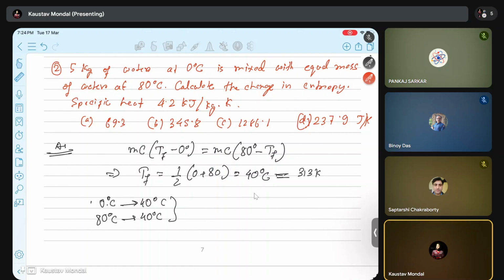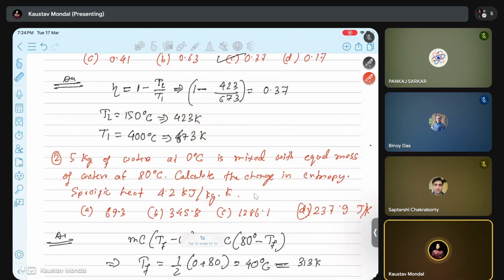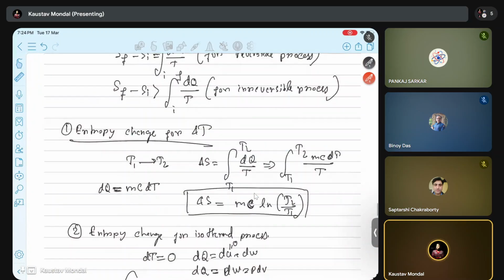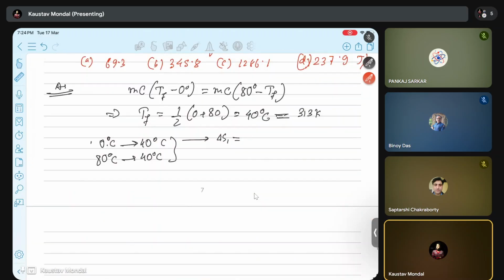We have already derived the formula for change in entropy if you change the temperature. So the change in entropy delta S1 would be simply mc ln T final by T initial, and for delta S2 it would also be mc ln T final by T initial.